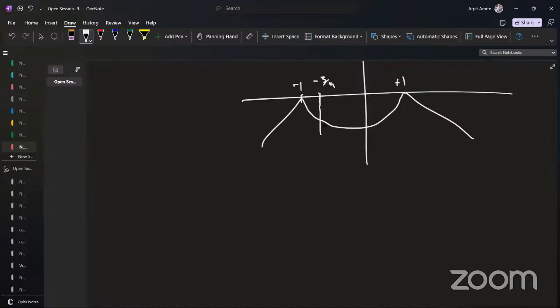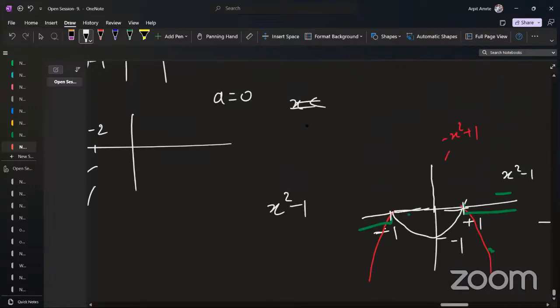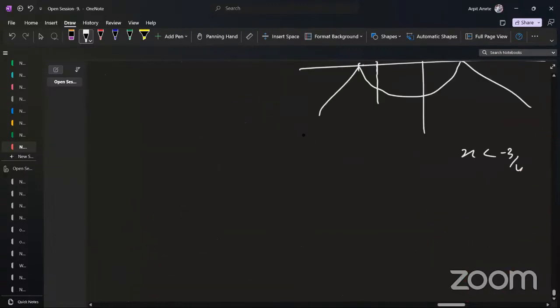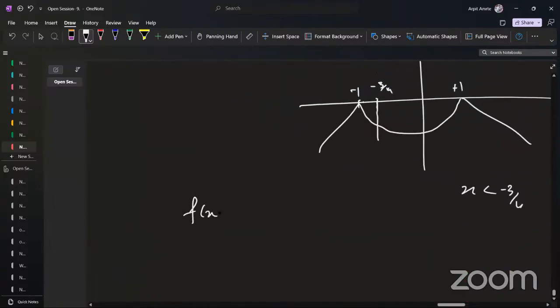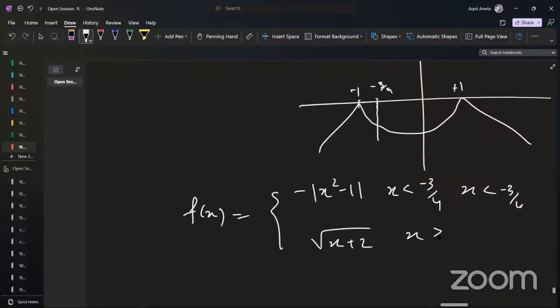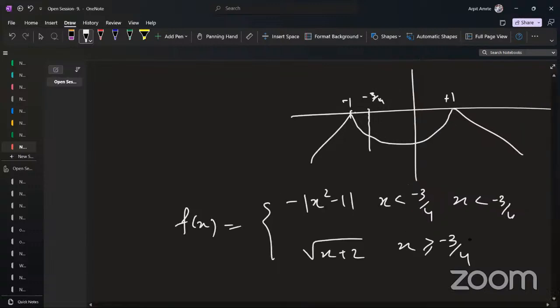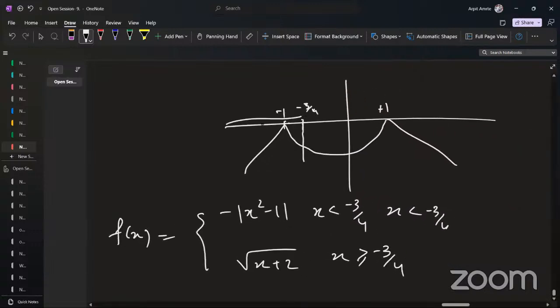So for x less than -3/4, this function will be defined like this, right? f(x) will be minus of x square minus 1 for x less than -3/4, and then root over x plus 2 for x greater than or equal to -3/4. It means that you have to define this function for this whole region, right?